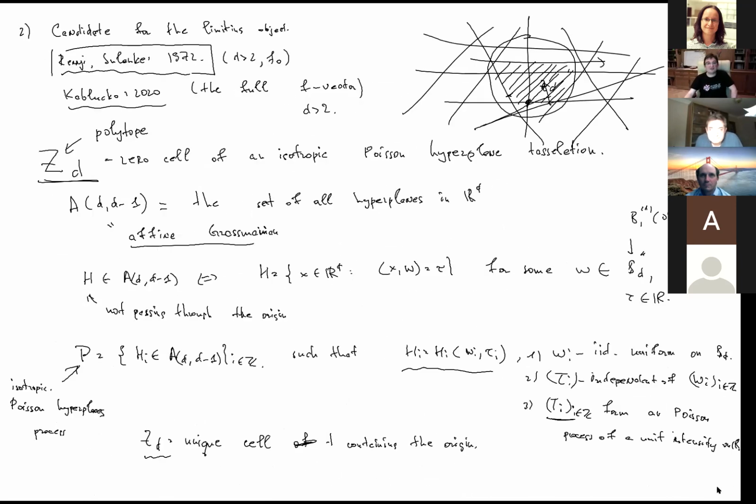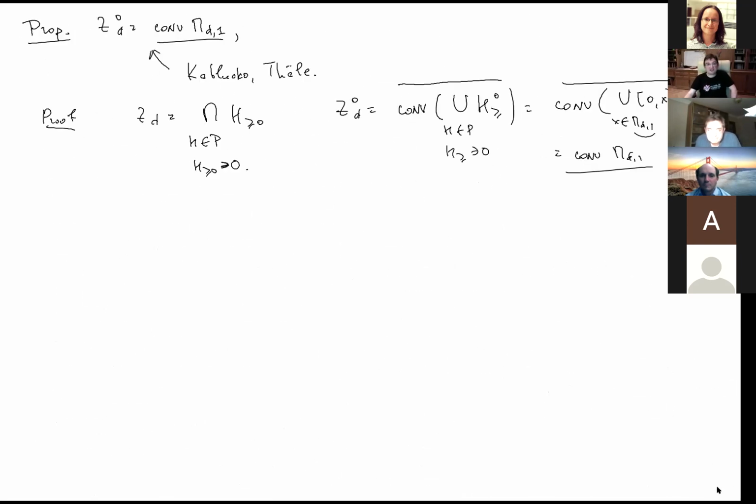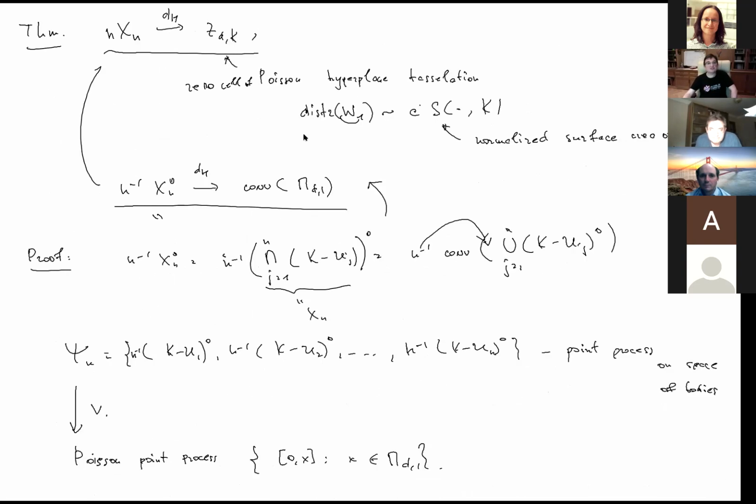And the result of our second model says that, in the second model, we can identify the group with R^d, translations with R^d, and we have convergence of this neighborhood containing the identity to a zero cell.